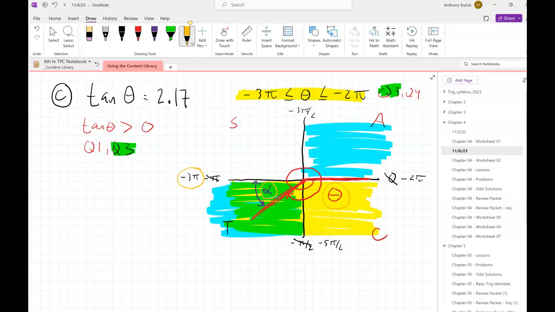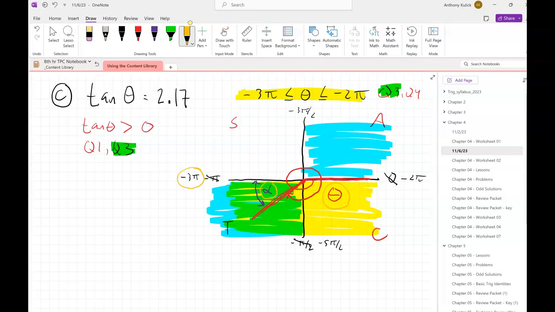So what can we say? What equation could I write there? Is theta happening before negative 3 pi or after? Does theta stop before I get to negative 3 pi or after I've passed negative 3 pi?